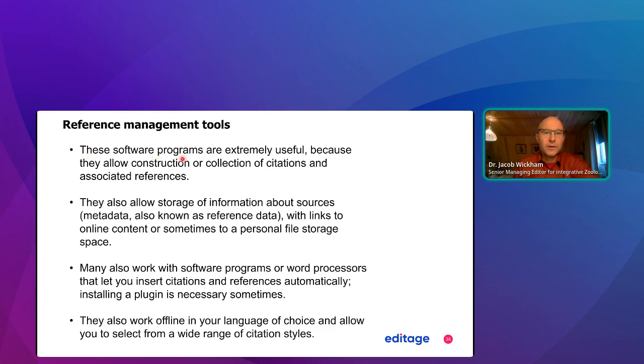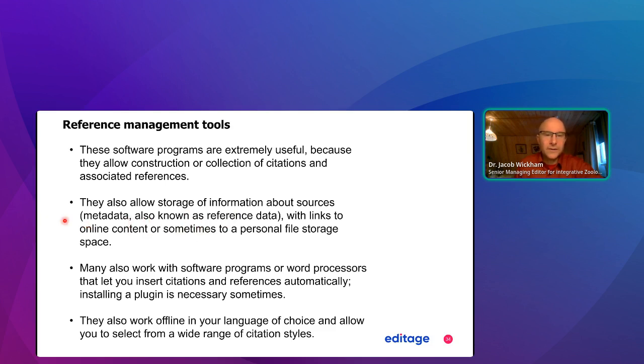They're all software programs, and they allow construction of libraries, and some of them are built into Microsoft Word, so you can cite while you're writing your paper. In fact, EndNote has cite while you write as one of the features, and they also contain all the metadata on your paper.